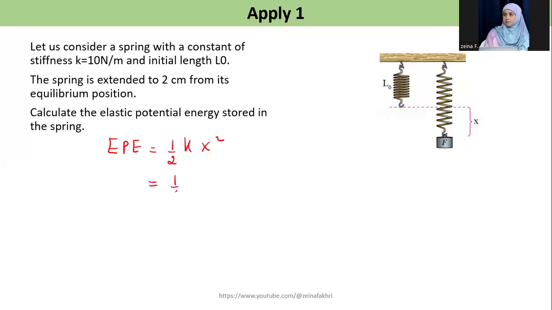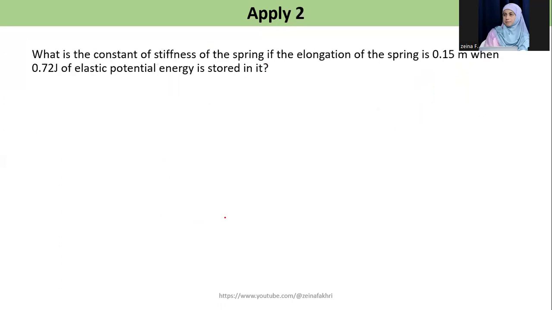We have k equal to 10, and x is 2 centimeters, so we have to convert it, which is equal to 0.02 meter, squared. So we get as the answer 2 multiplied by 10 to the power negative 3 joules.